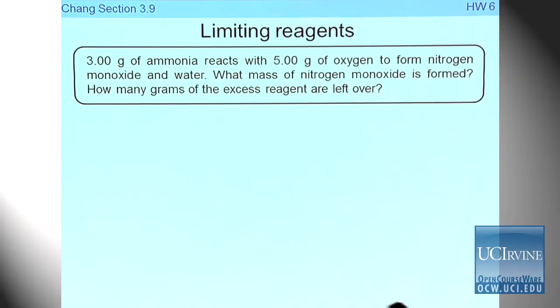This is a very typical question. There's a limiting reagent which defines how much product I form, and then also I calculate how much of the excess reagent I have left after the reaction stops. There are two questions in one.